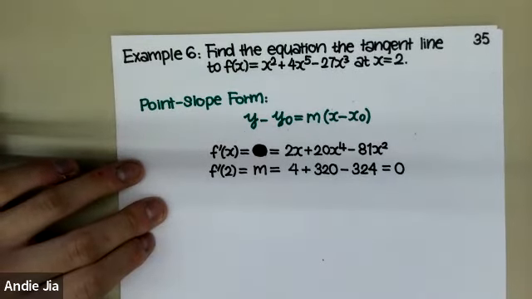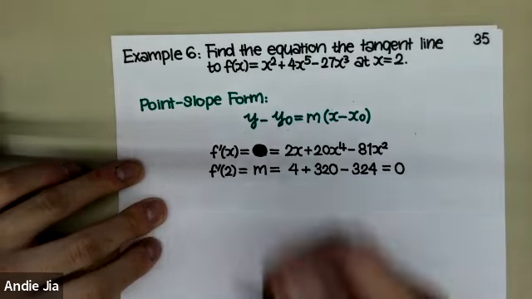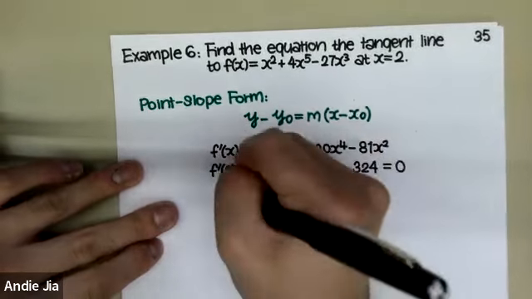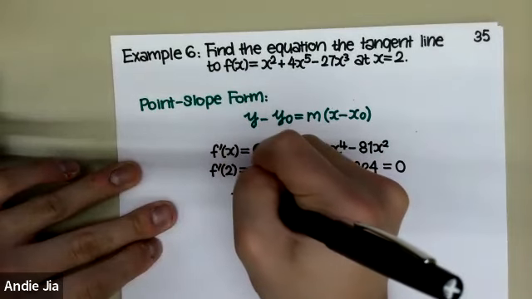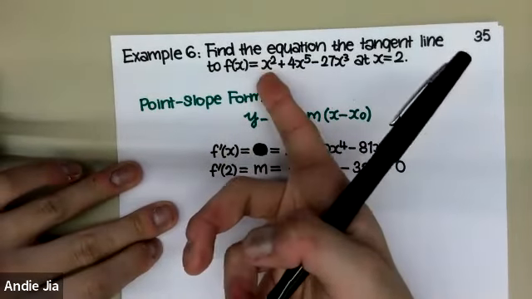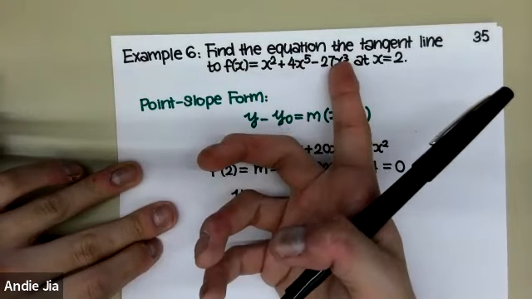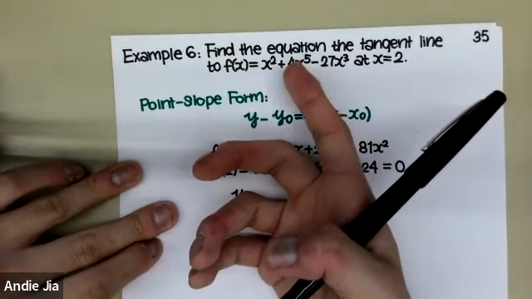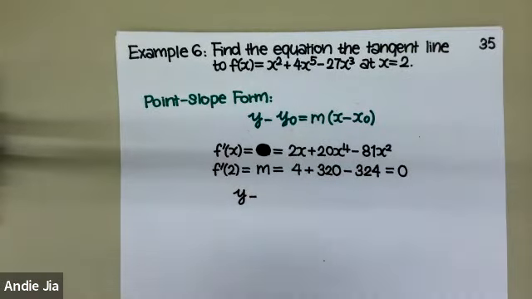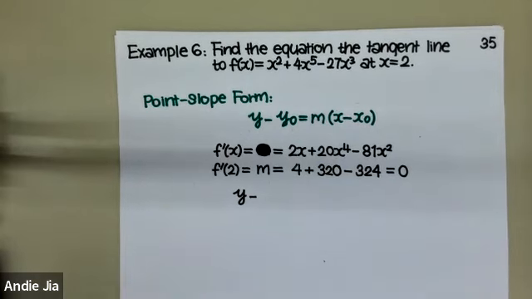So if the slope is 0, then we just write it as y0. 2 squared is 4 times 128 is 132. 132 minus 200 is negative 84.